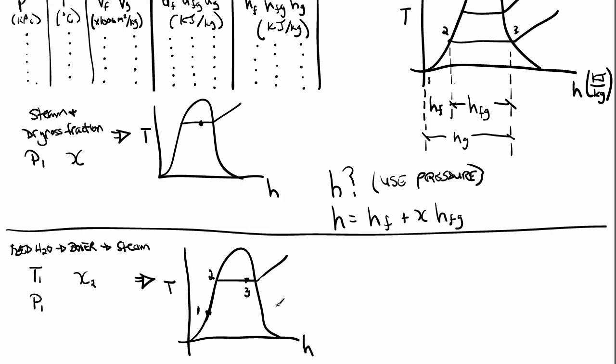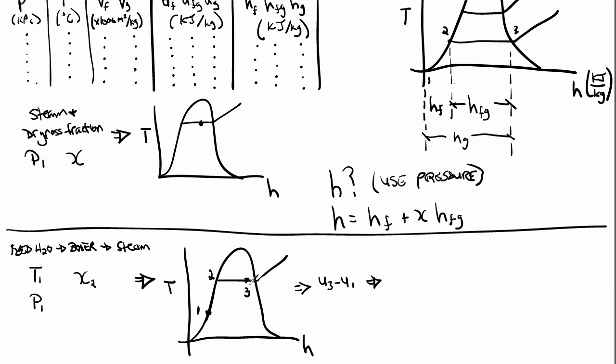So don't hesitate to give me a shout if you don't understand what I just went through. It's kind of hard to explain. In this situation, this is a very unique one, and it's kind of a trick question, a nasty trick. What they'll ask is, what is the internal energy change to pull this off?